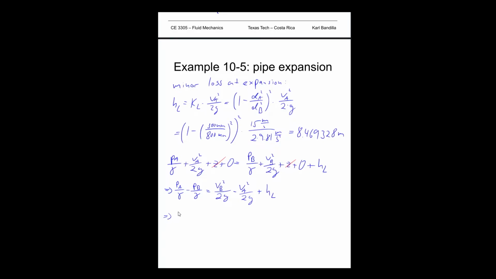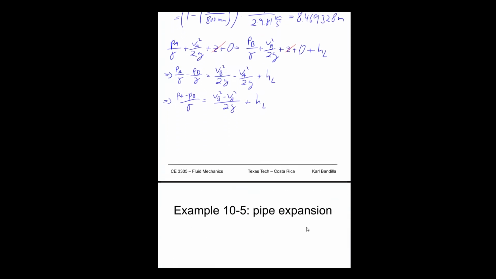That means PA minus PB over gamma is VB squared minus VA squared over 2G plus HL, and then we can multiply by gamma.